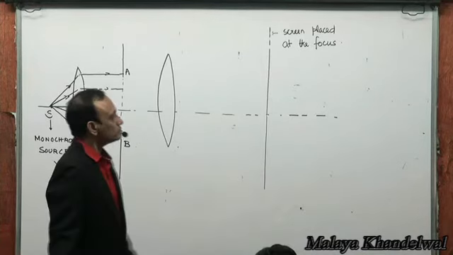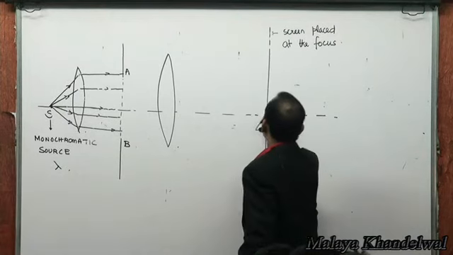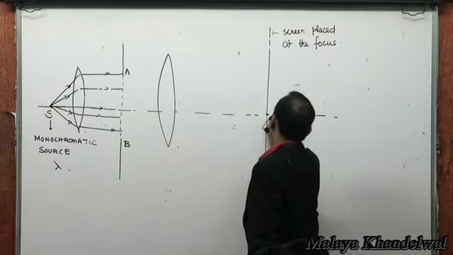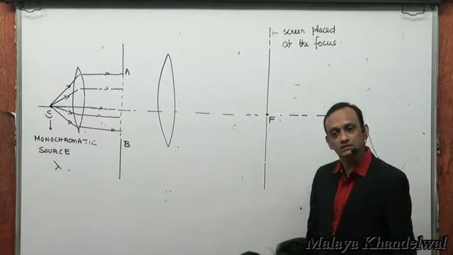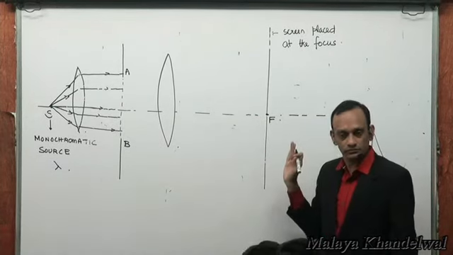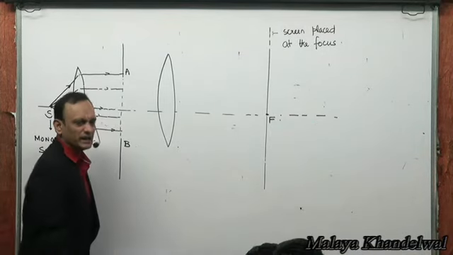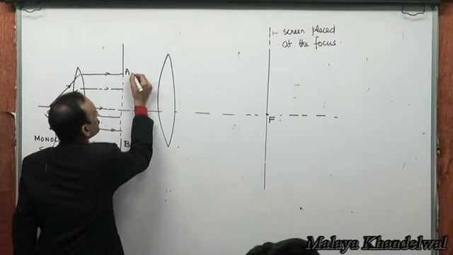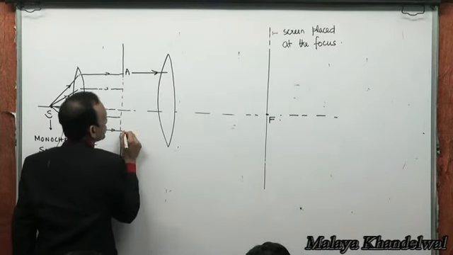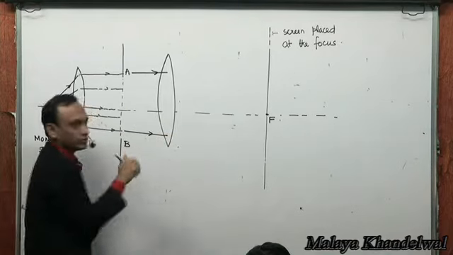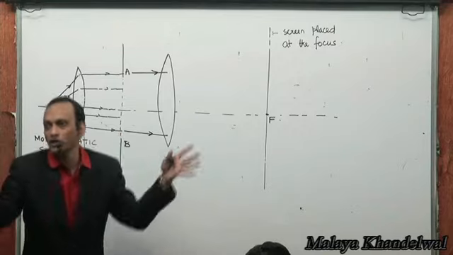Now, this is the focus of the lens, and this is the focal plane. Very clearly, rays of light starting from A parallel to the principal axis, there will be rays parallel to the original direction also. You will have beam diffracted in all possible directions.